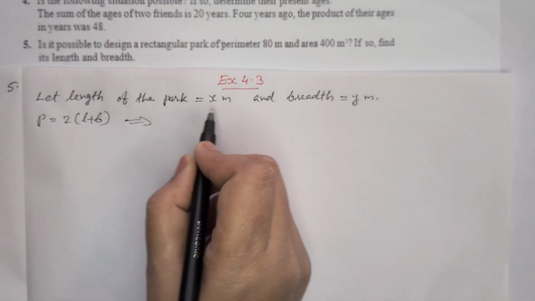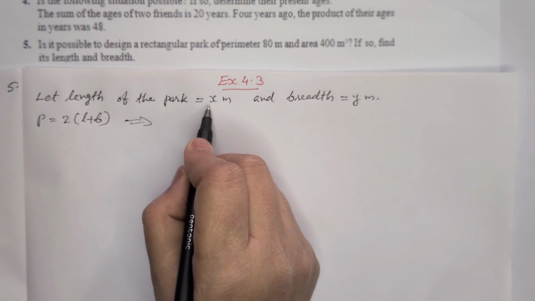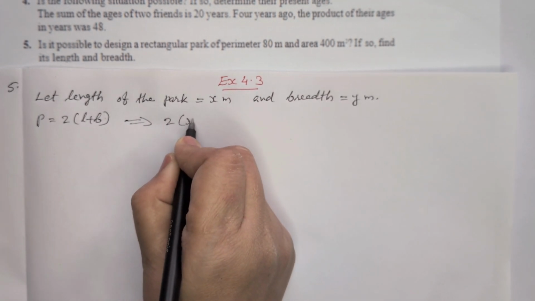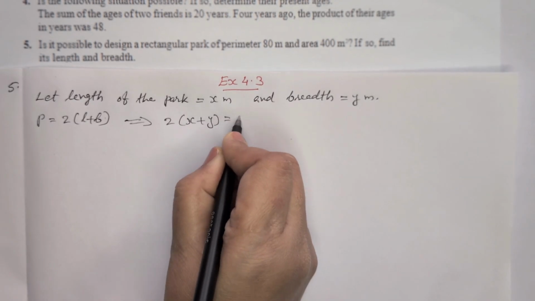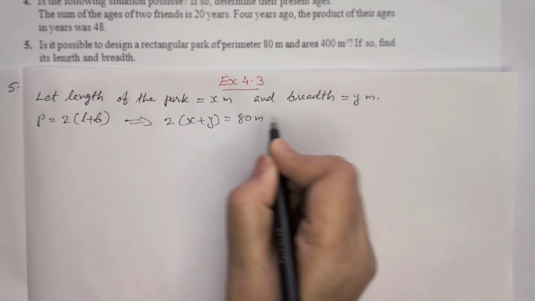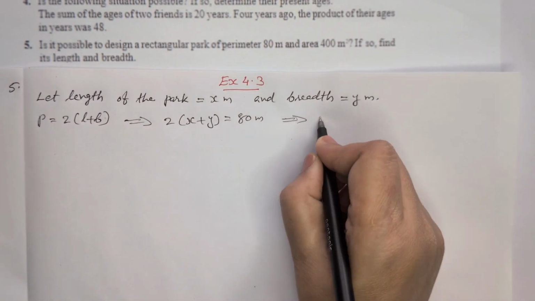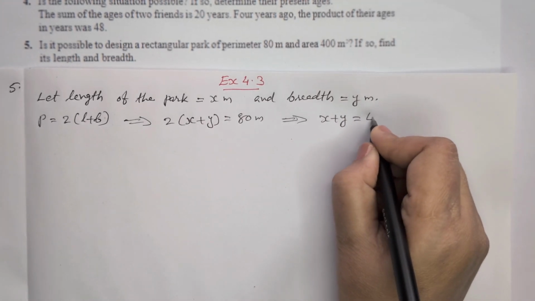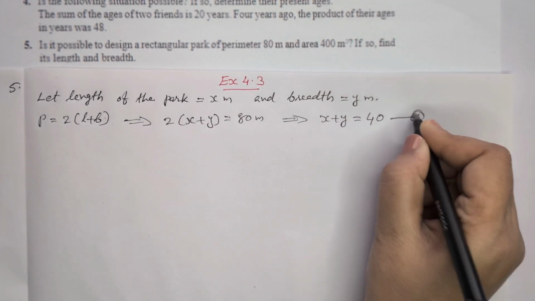Here we can take length as x and breadth as y. So 2 times x plus y is equal to 80 meter, which implies x plus y is equal to, divide by 2, x plus y is equal to 40. That is equation number 1.